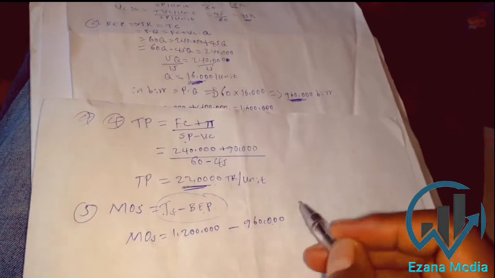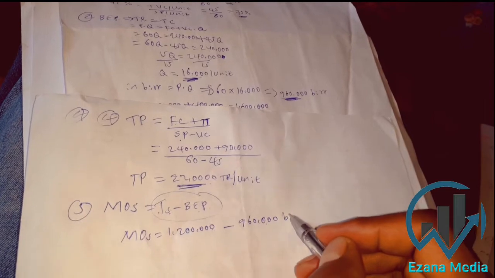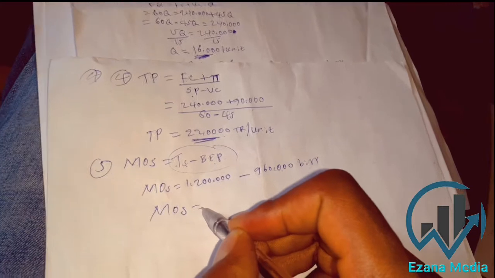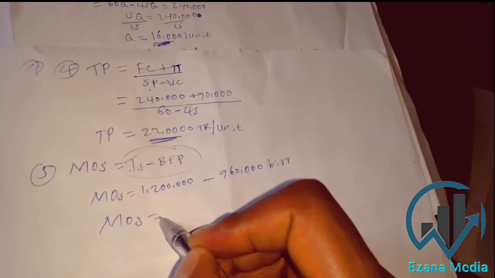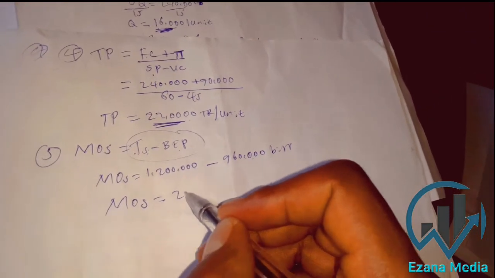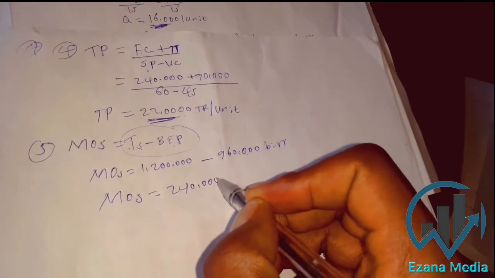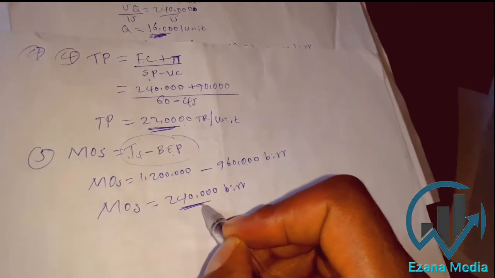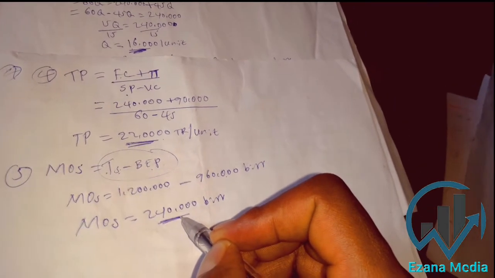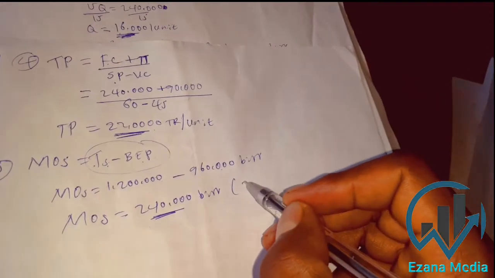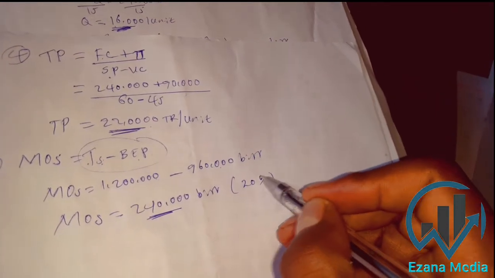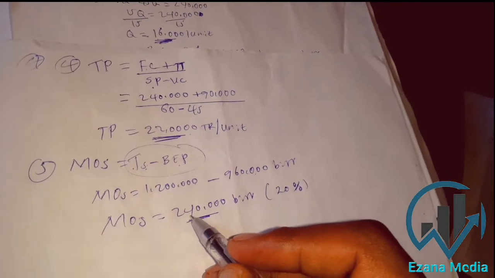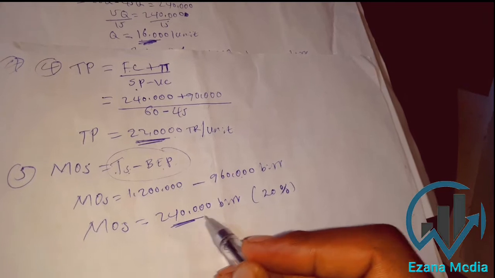It is 20% of sales. By sales of 20%, we can get MOS, or margin of safety, equal to 240,000.